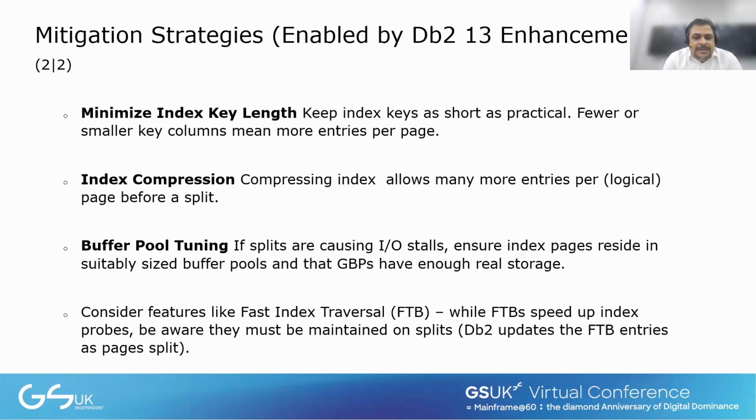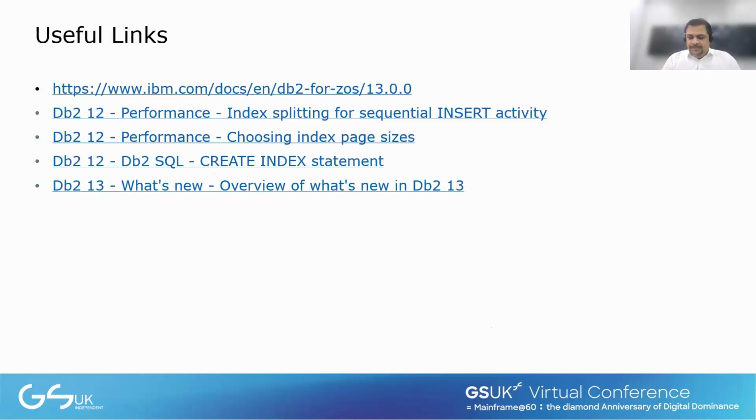Use them. Those are good and make the performance of DML activity faster. So these are a few mitigation strategies. I have provided some links which you can always click on. I'm sure you must be going through all of these IBM links, which are very helpful.